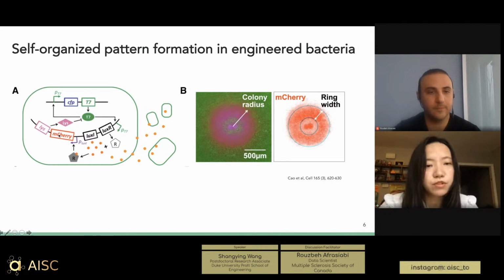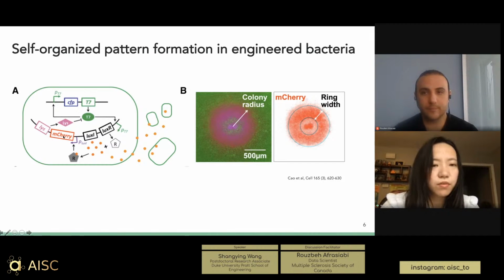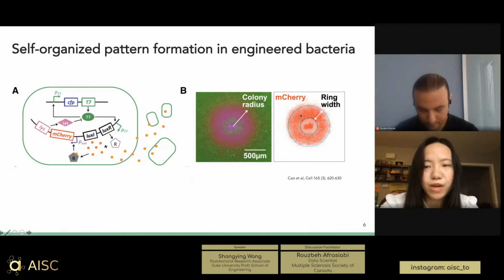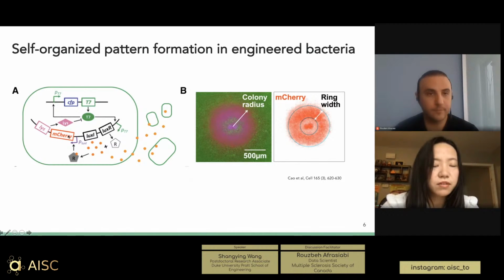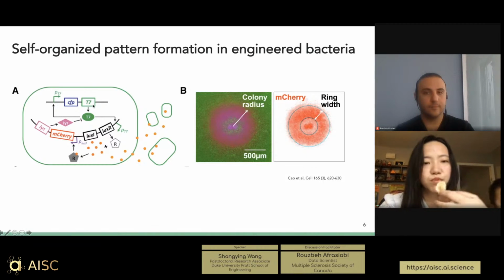When you use a fluorescent light, it emits red light. So when you see this redness, it tells you how much lysozyme has been expressed. And when expressed, lysozyme can repress the T7 RNA polymerase by binding to it. Once it binds, T7 cannot promote gene expression.